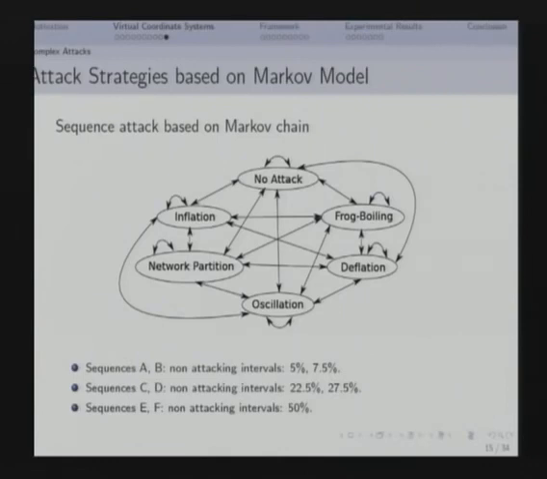Sequences A and B have a low amount of non-attacking intervals, around 5%. Sequences C and D have a medium amount, around 25% of all intervals. And sequences E and F have non-attacking intervals of 50%.